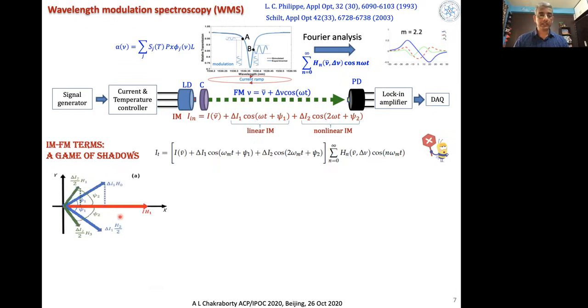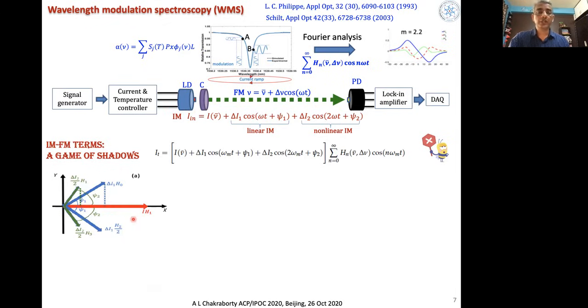So that is depicted in this phase diagram, where in this case, we have chosen the first harmonic signal. So the first harmonic signal is what we want to detect, which is given by the red arrow. And you see that it is scaled by the intensity of the laser.